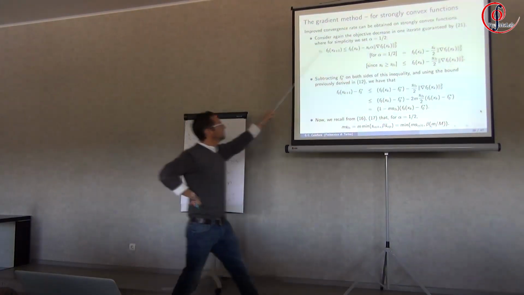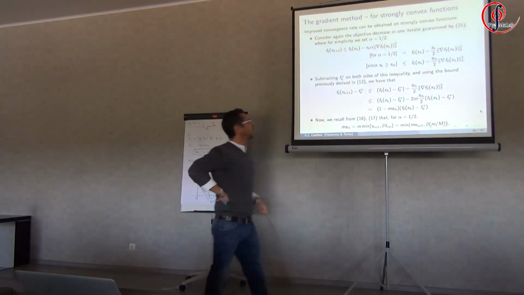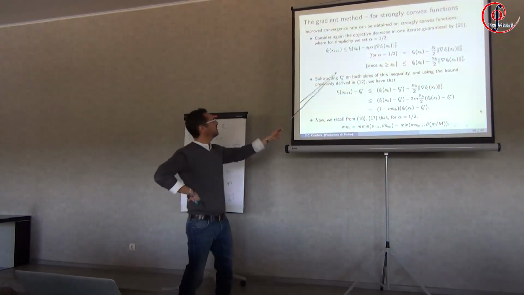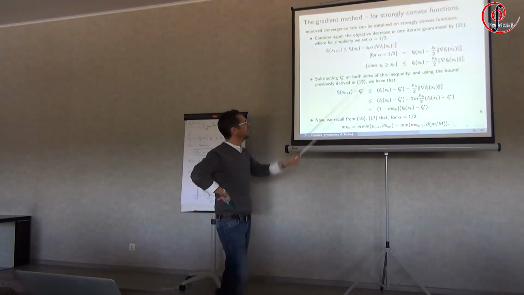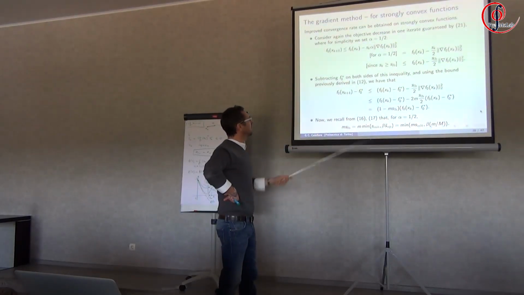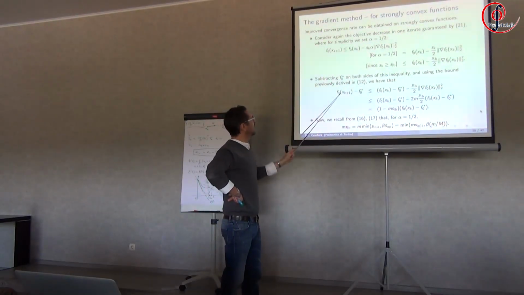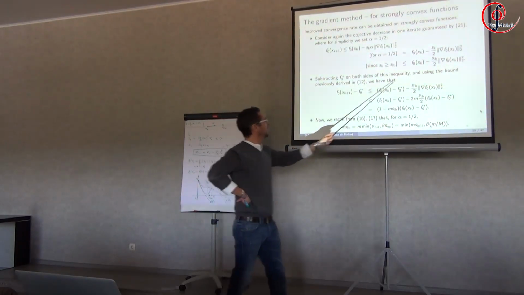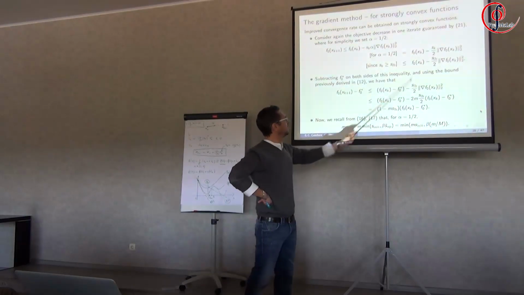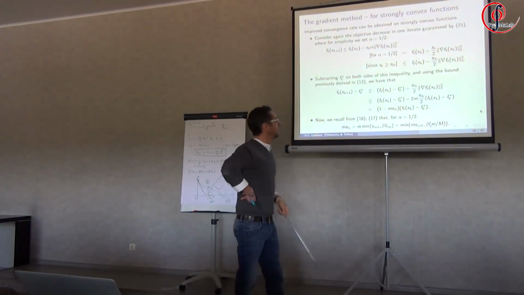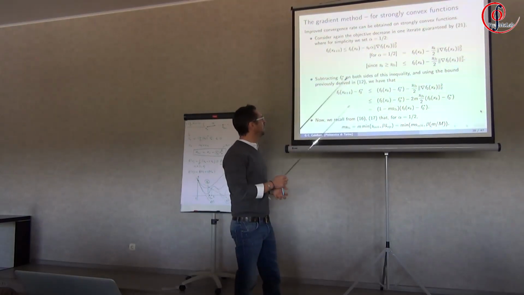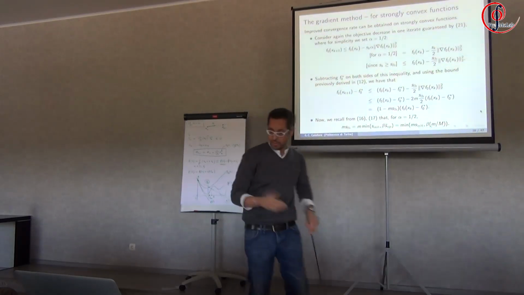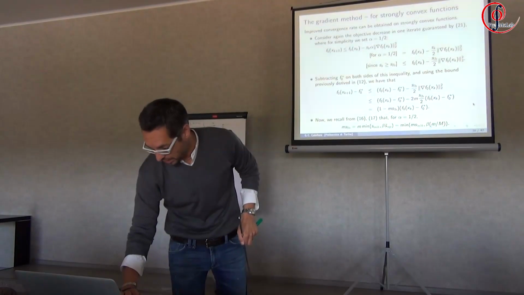So we take this basic inequality here that comes from the Armijo condition, and we subtract f0 star on both sides. So this becomes f0 plus 1 minus f0 star, and here we have this quantity. And now we use this bound derived in 12, which I don't even remember what it is now.